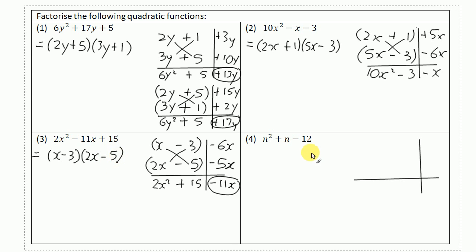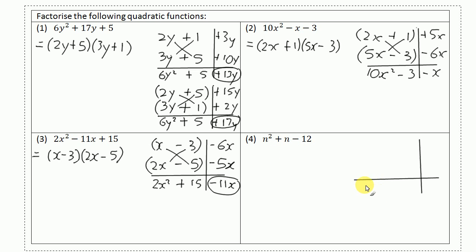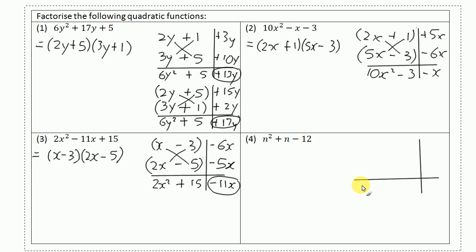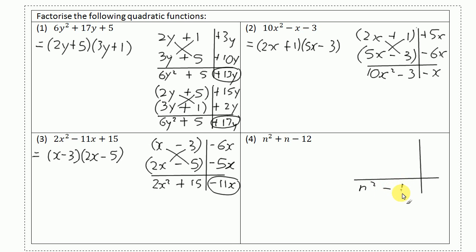Now for the final question, number 4. We write down n squared here and negative 12.